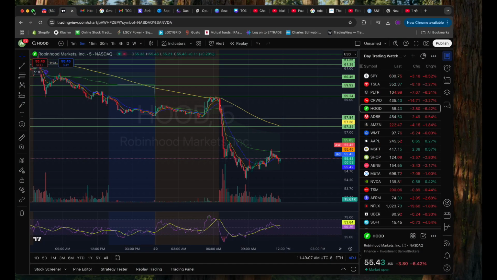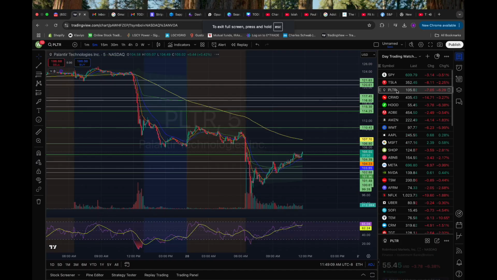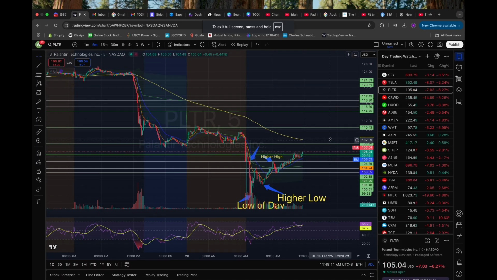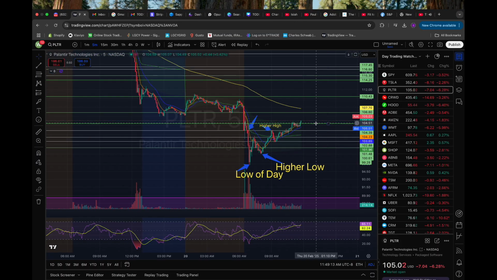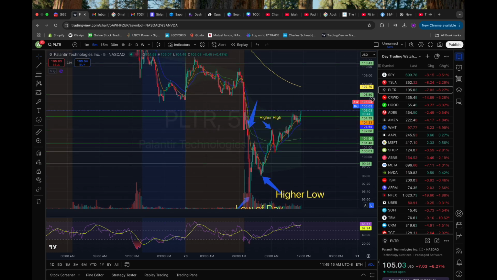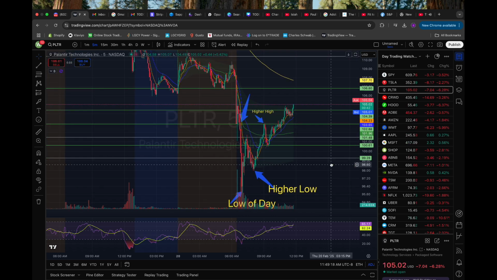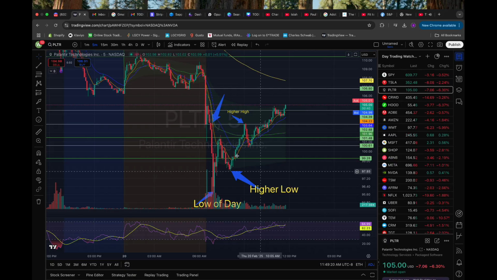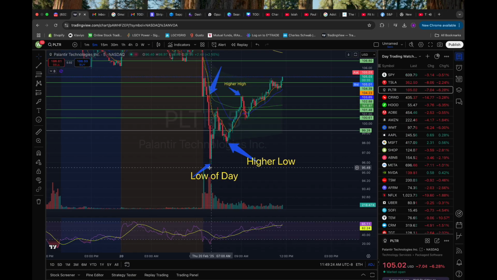So right here, I have Palantir pulled up, all right? Currently, the market is still open. Palantir came down and had a sell-off today, right? And we have something right here called the low of the day.